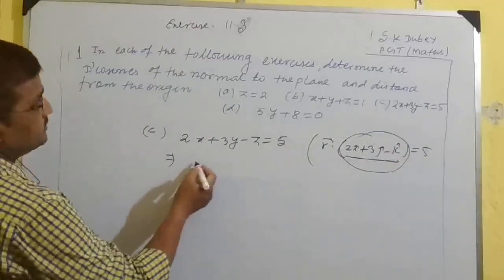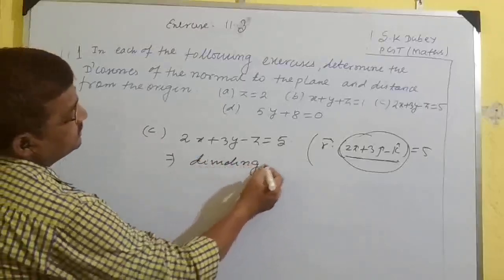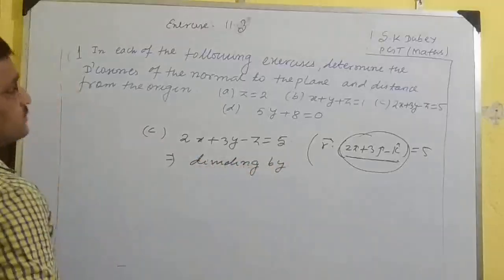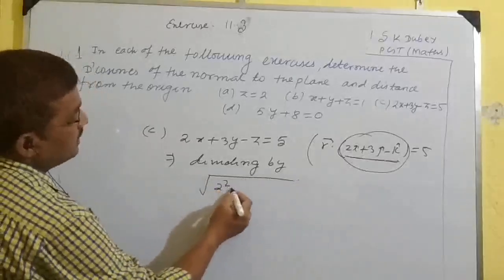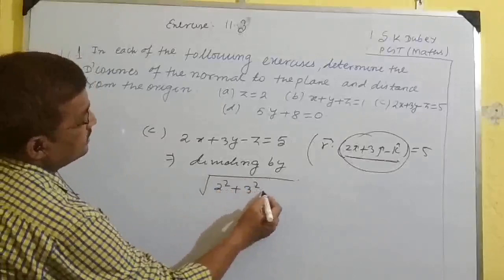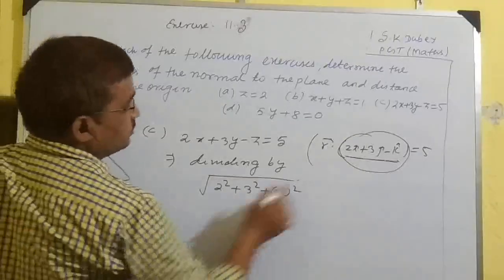Dividing by under root 2 square plus 3 square plus minus 1 square to both sides of the coefficient of x, y, z.